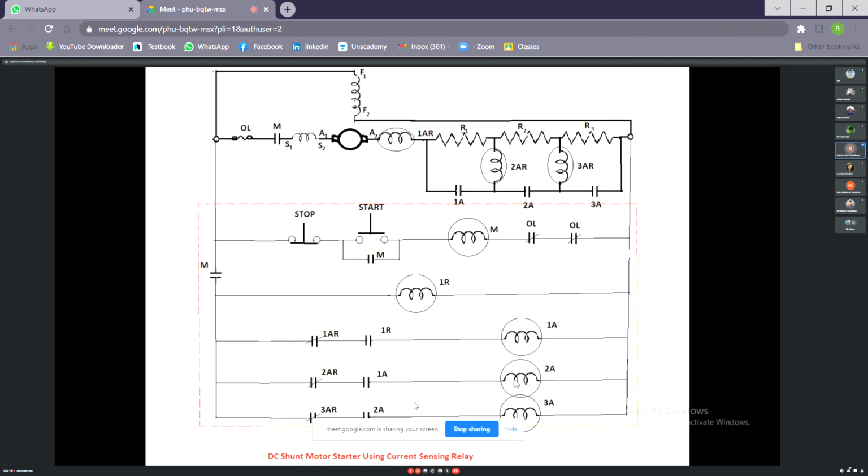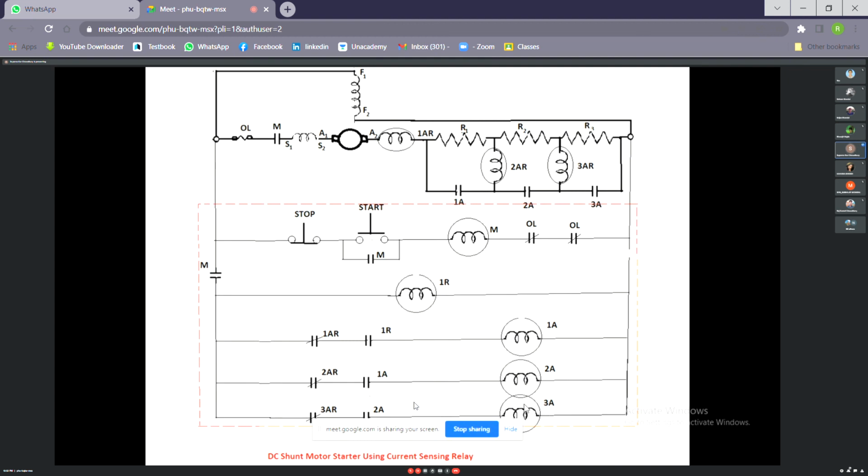So 2A is excited. When 2A is excited, this is closed, so your circuit will be like this. Now 3AR picks up, similarly this is open. Once the current falls below a certain value, it will close.